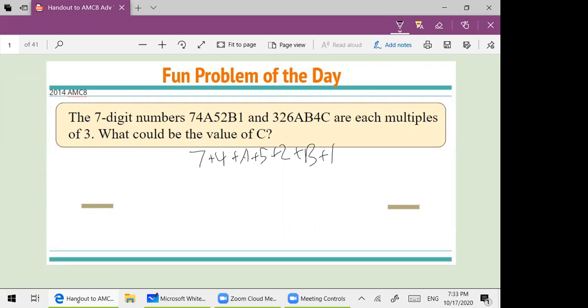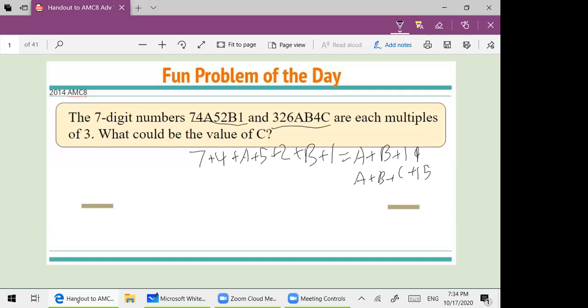And so the sum of the digits of this number is a plus b plus 19. And for this number, it's a plus b plus c plus 15. And now, you know that both of these are divisible by 3.